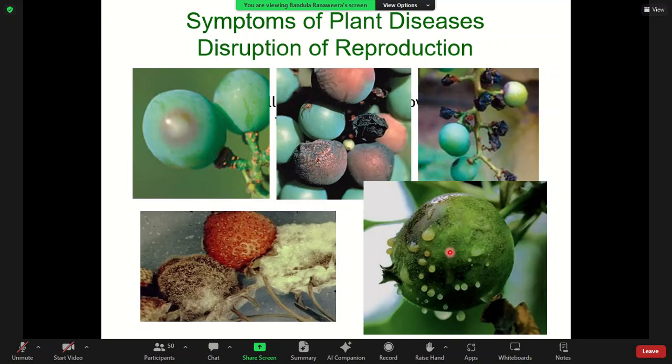But not only harvested parts, fruits, flowers, when they are damaged, the disease is serious. Even leaf disease can be serious, like Hemileia disease. It completely destroyed coffee plantations in our country at that time, Ceylon.